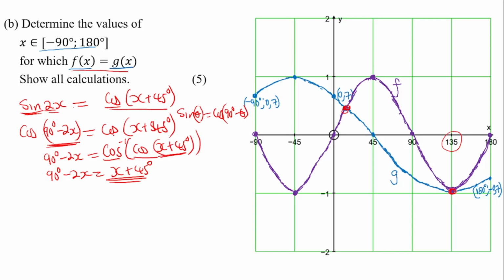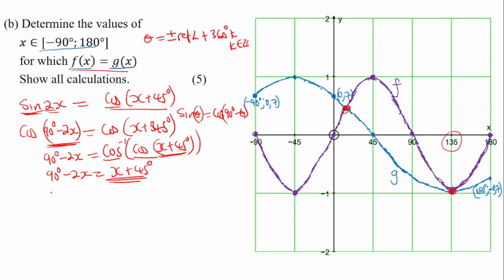Remember, if we're dealing with cos for our general solutions, theta will be positive or negative reference angle, plus 360 degrees times k, where k is an integer. So we're using that.